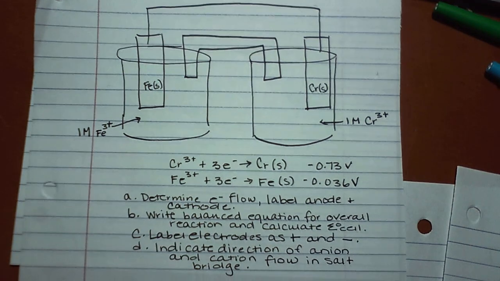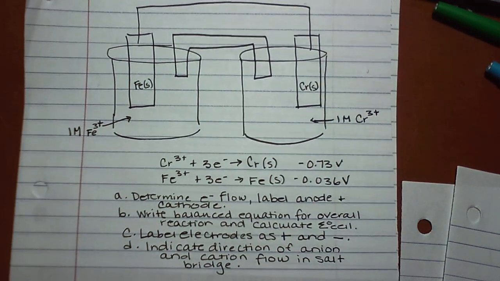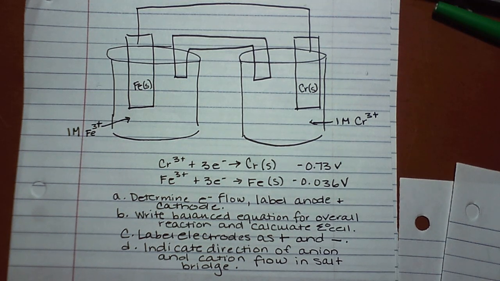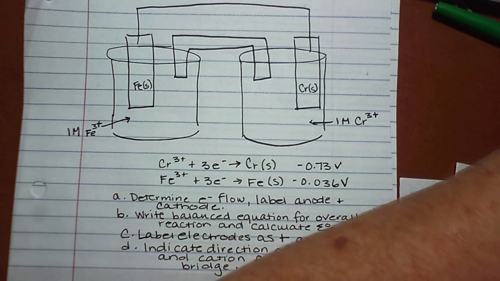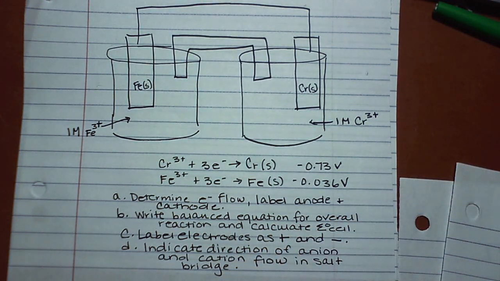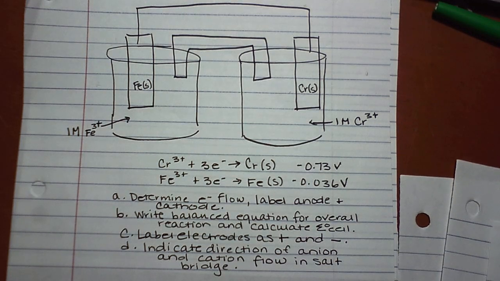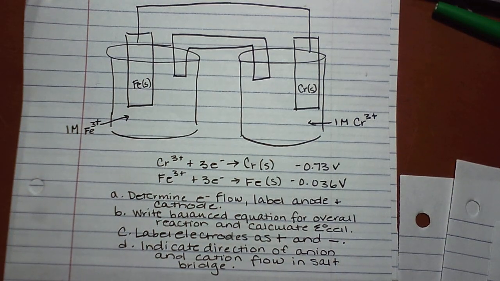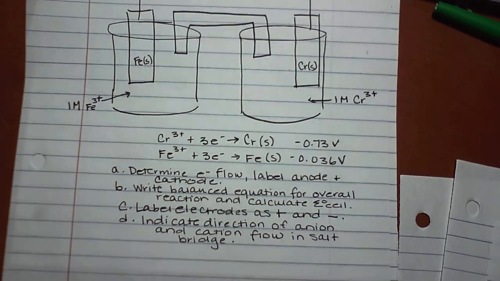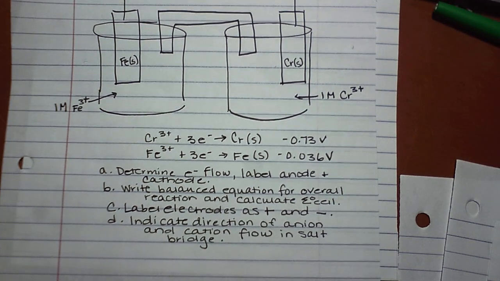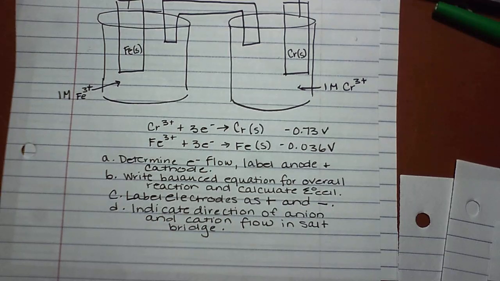I pulled them off of the chart already. Letter A, we're going to determine the electron flow and label the anode and the cathode. Letter B, we're going to write the balanced equation for the overall reaction and calculate the E0 cell. Letter C, we're going to label the electrons as positive and negative, the electrodes as positive and negative, and then letter D, we're going to indicate the direction of the anion and the cation flow in the salt bridge.